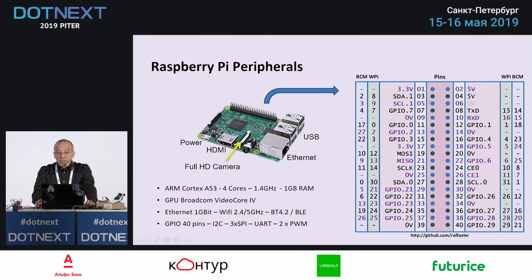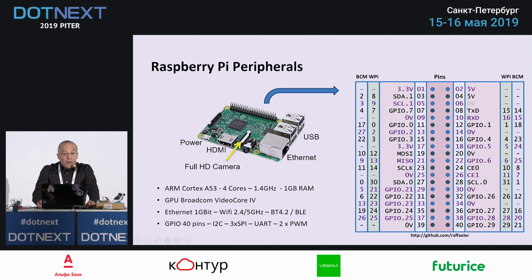BCM refers to the Broadcom chipset, and WPI is WiringPi, a very popular C++ library that provides a basic interface and is widely used by the Python community. The new library from Microsoft uses the BCM convention, so you just have to match the numbering. It's not a big deal. If you want this pin, you just take 3 and you are okay.